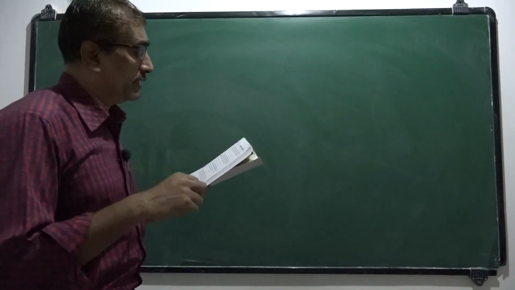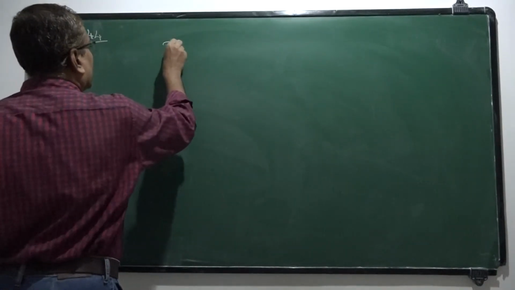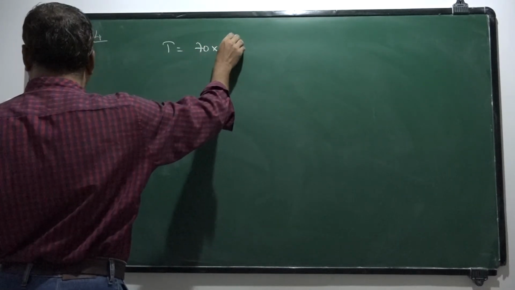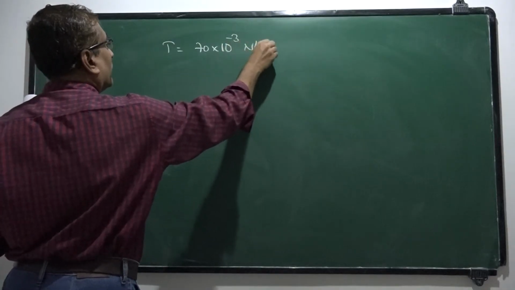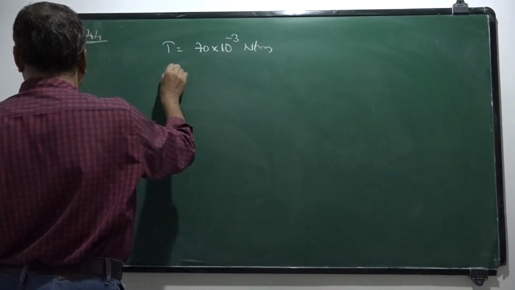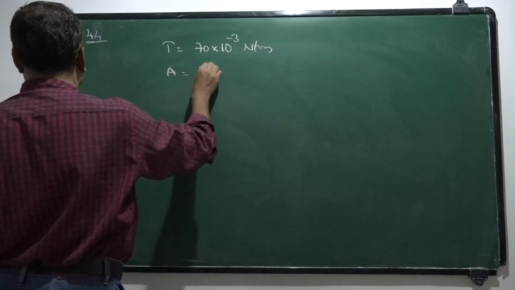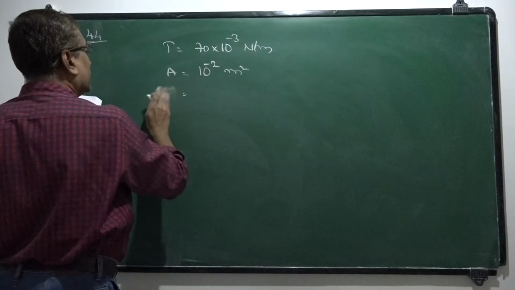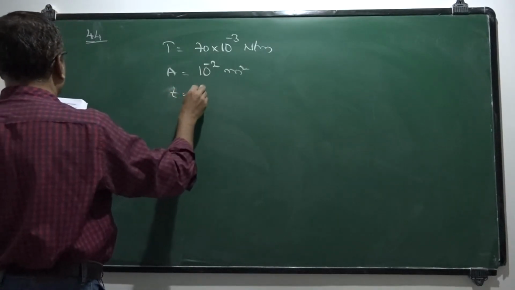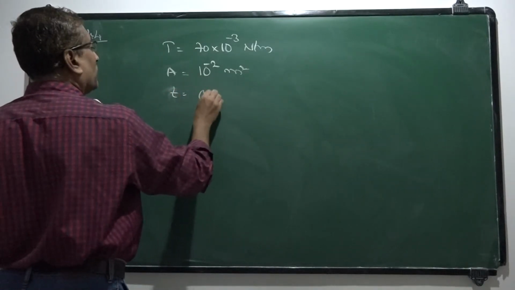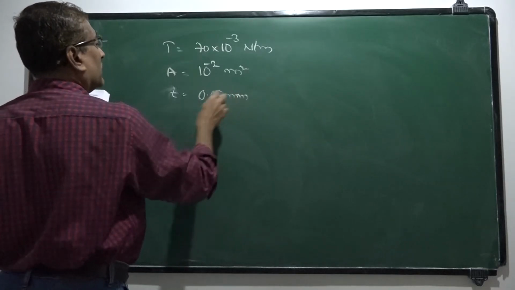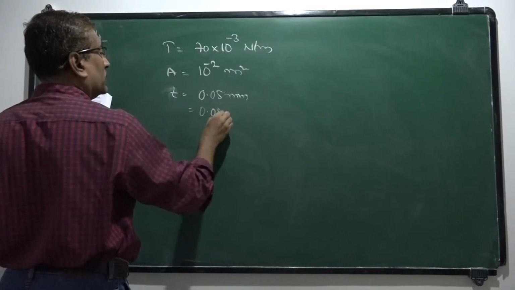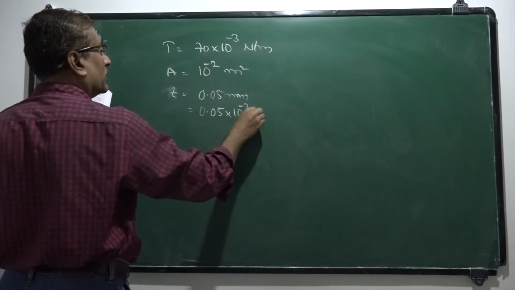Given the surface tension of the liquid water is 70 into 10 to the power minus 3 Newton per meter, and the area of the plate is 10 to the power minus 2 meter square, and the thickness t of the film is given as 0.05 millimeter, that is 0.05 into 10 to the power minus 3 meter.